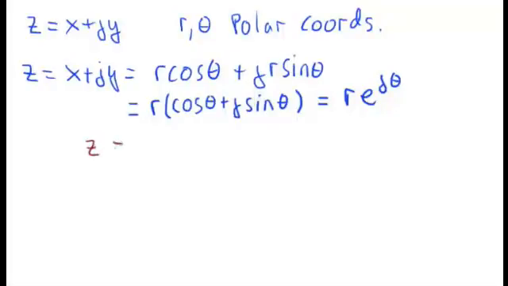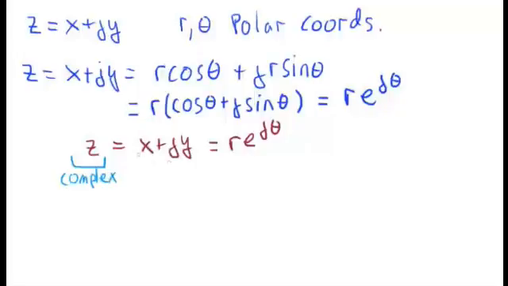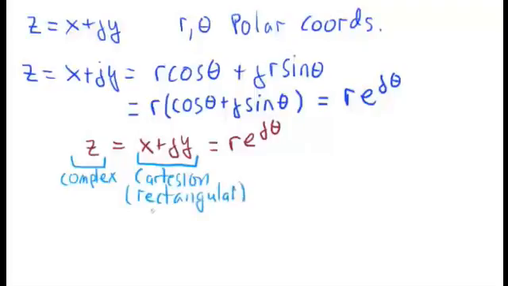Let's put these near each other in one formula below. z equals x plus jy equals r e to the j theta. In terms of coordinates, we have here a complex number, x plus jy, we'll call Cartesian or rectangular coordinates.